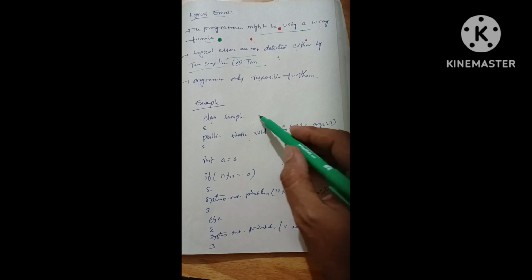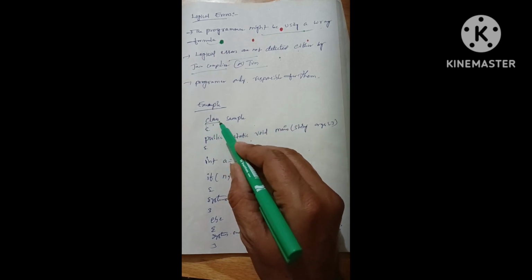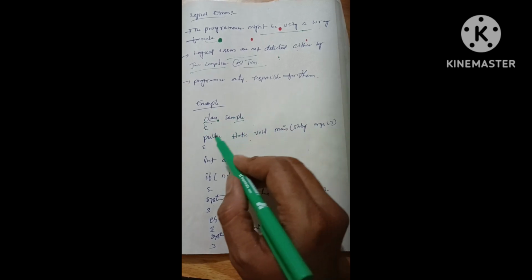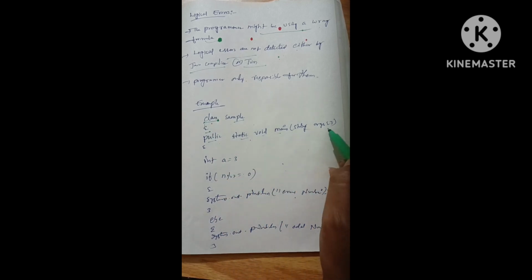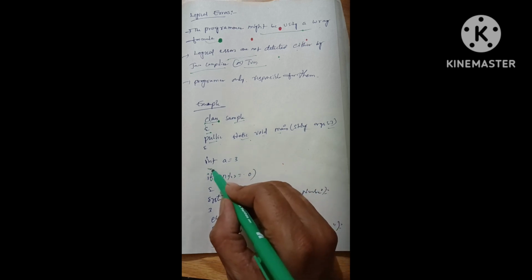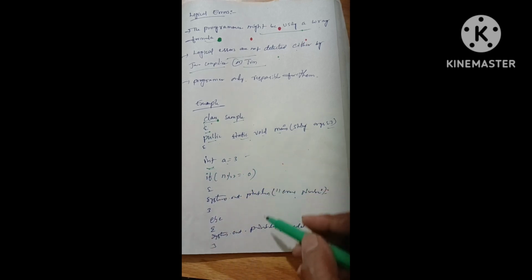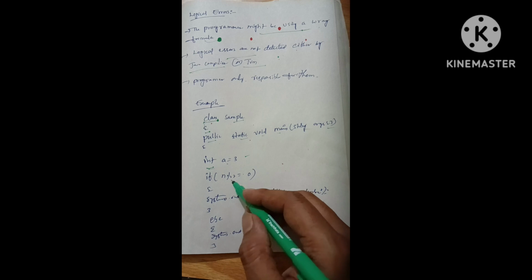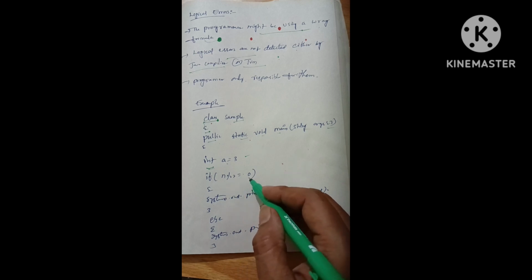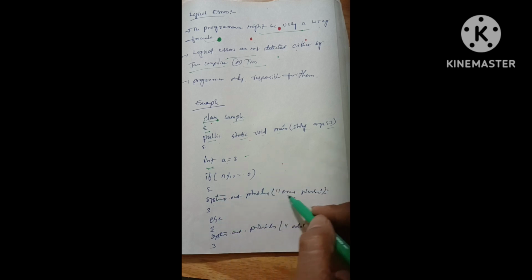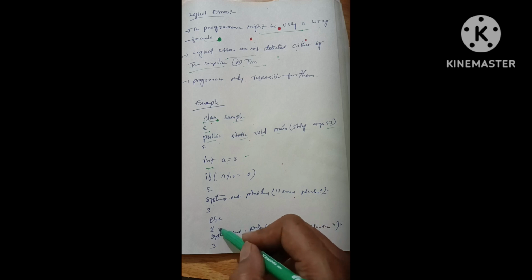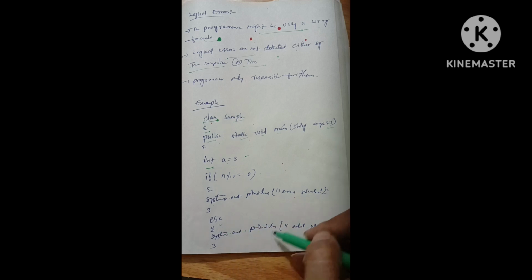Now, an example. Class sample, open brace, public static void main(String args). int a = 3. Here if n modulus 2 equal to 0, print even number, else print odd number. But what is the error in our program?